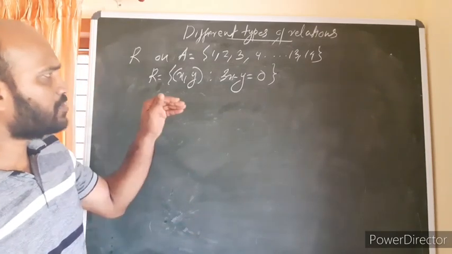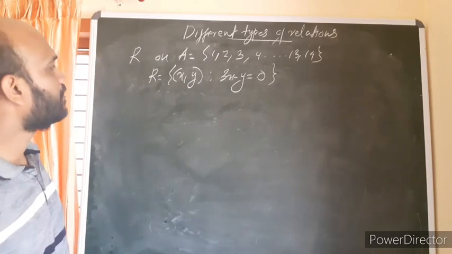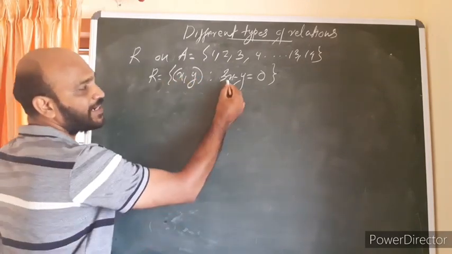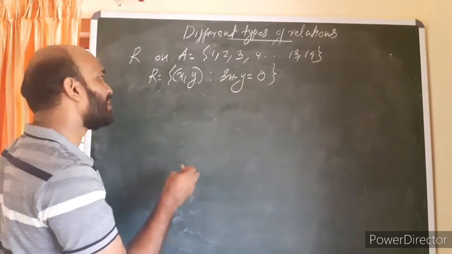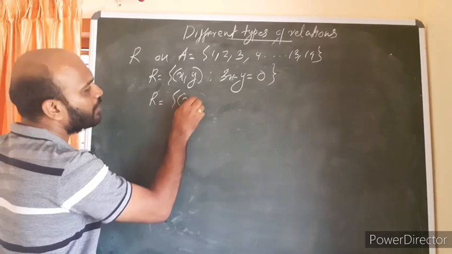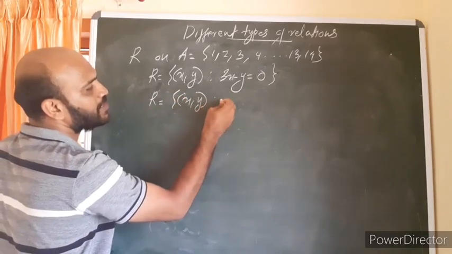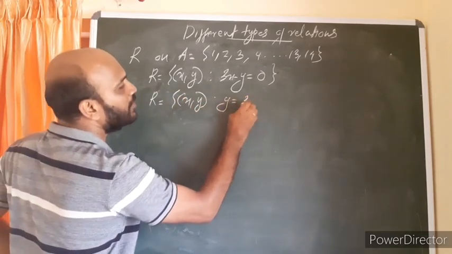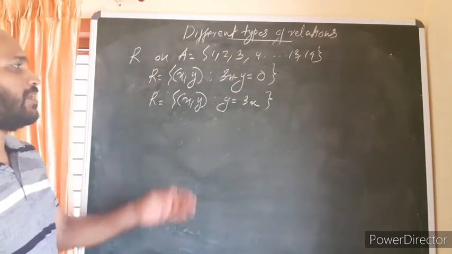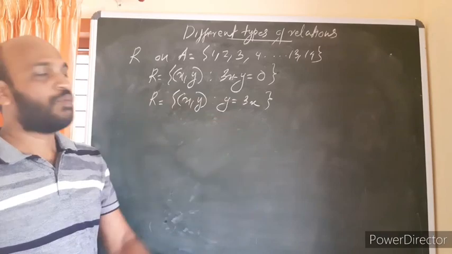This is the first question of your exercise. This you can rewrite as R equals the set of all (x,y) such that y equals 3x. If the y coordinate is triple the x coordinate, then x is related to y.